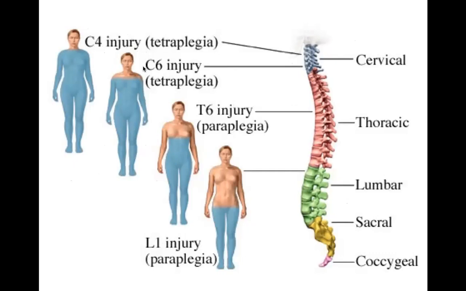If the lesion is at the level of C6, then structures below the shoulders are affected. A T6 injury would have a lesion manifestation affecting structures located below the ribs. And for lesions affecting L1, the rest of the lower extremities would be affected.